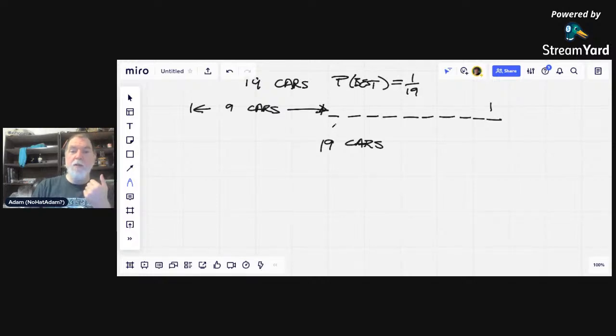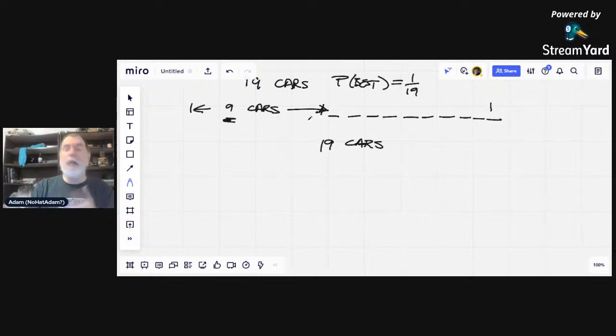I chose this number as a matter of convenience. What we're after is, what is the optimal sample size that will maximize the probability that we will get our personal best, our favorite car among them all.